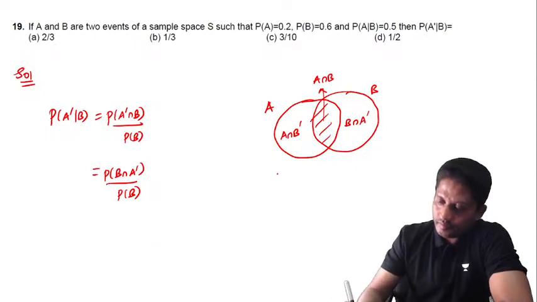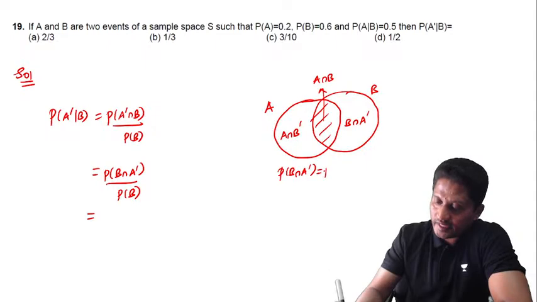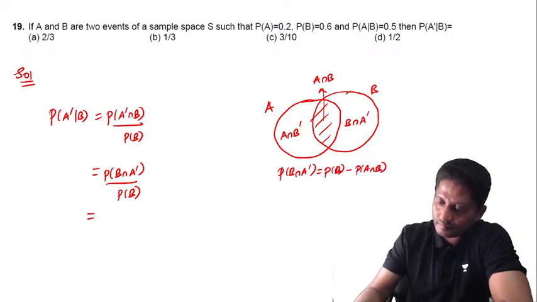Now P of B intersection A dash is equal to, I take full P of B minus P of A intersection B. I'll subtract this.